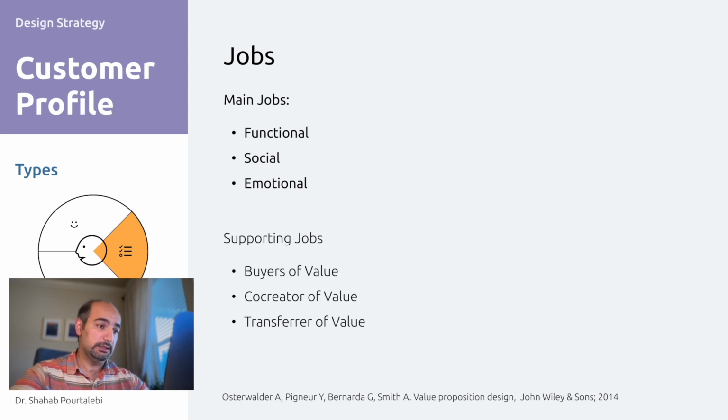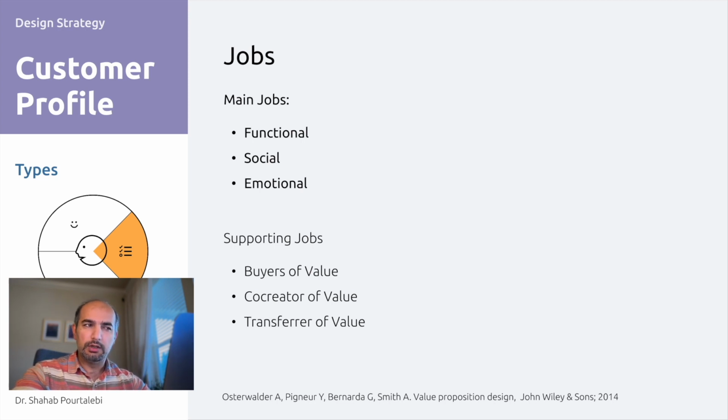But there are different types or categories of jobs, and they are important to be considered because not all products solve functional jobs or functional tasks. Not all ideas are related to social aspects, like social media applications, or focus only on emotional states, for example meditation and relaxation apps.